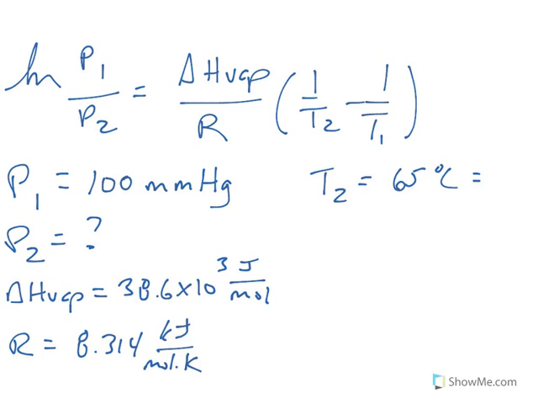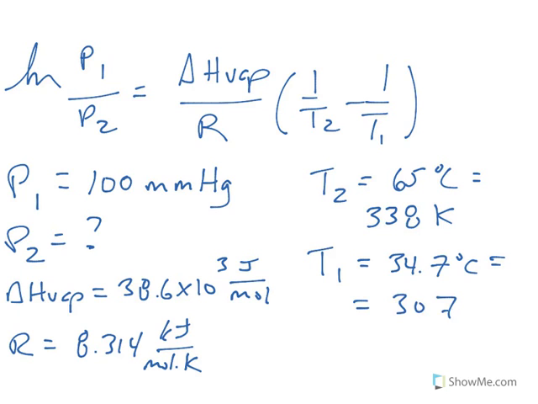So 65 plus 273 gives me 338 K. And T1 was given at 34.7 degrees C, which we're going to add 273 to, and we get 307.7 K. So we've got everything we need except P2.